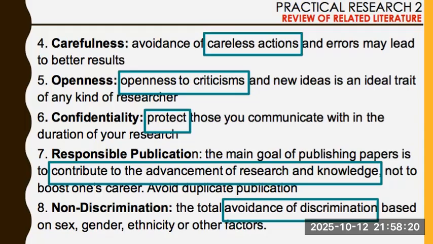Consider diversity in our samples. We try to avoid excluding studies because they just come from a specific group or region without valid reason. So those are the 8 ethical standards that we should follow in writing a literature review.